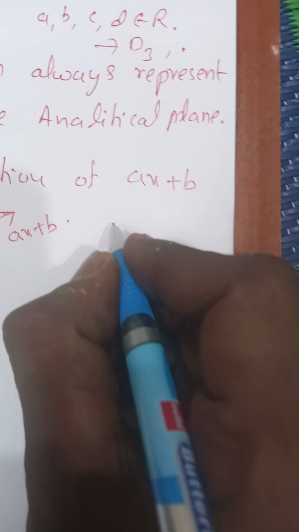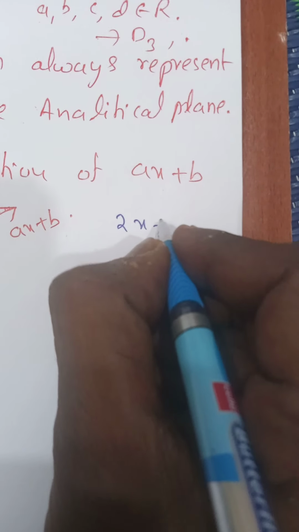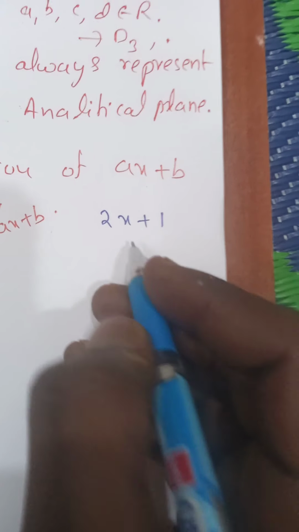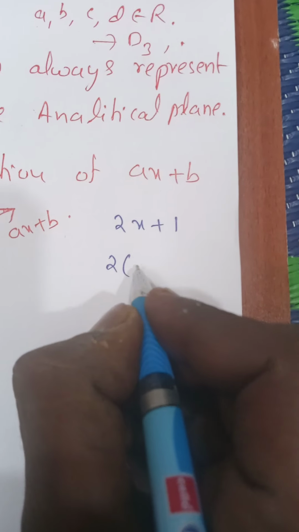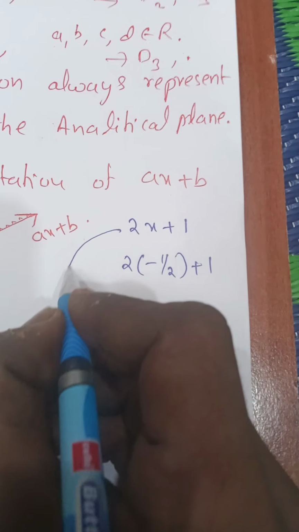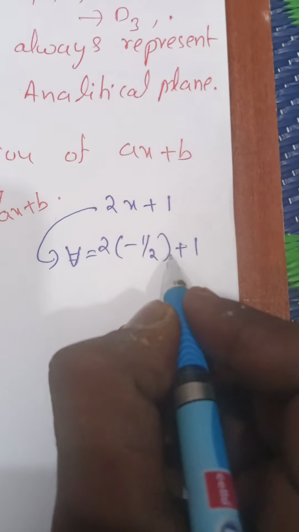For example, if I take a polynomial as 2x plus 1, in the place of x we can give any numbers. If I write in the place of x minus 1 by 2, what happens? What will be the value of this polynomial here? This will get cancelled.